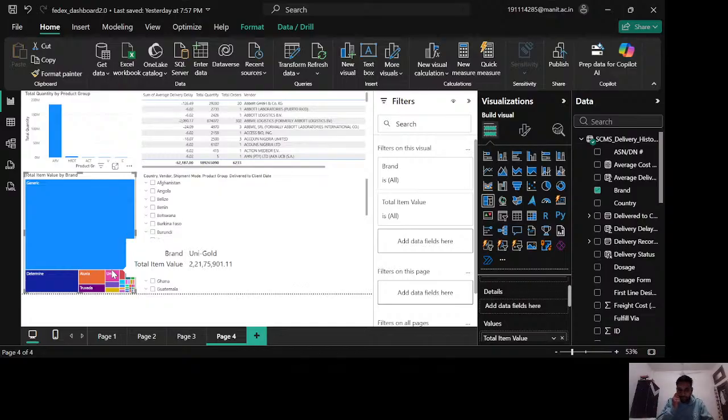In place of Truveda, we should focus on Unigold also. After Unigold, we can focus on Biolin. After Biolin and Stock Pack, the focus should be decreased, and we should focus on these seven brands only.